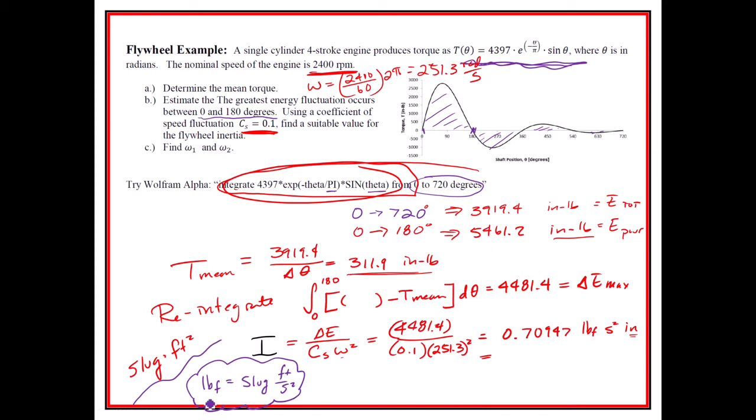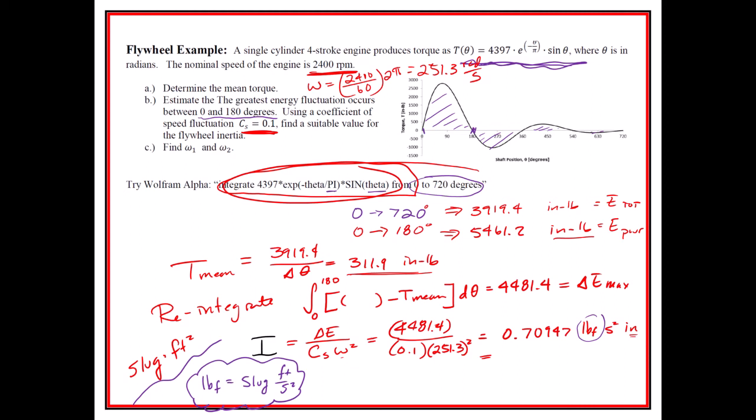But if it's a units conversion, force is equal to mass times acceleration, and a slug is defined by that foot per second squared. So when you see this combination right there, you could always substitute a pound force into a slug foot per second squared.